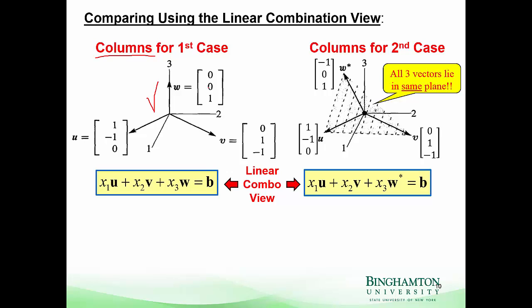And that's the case for the first case here. But remember, we said here that all three vectors lie in the same plane. So clearly, in case number 2, the vectors that form the columns of our matrix are linearly dependent. They're not independent. And that's the key to this.